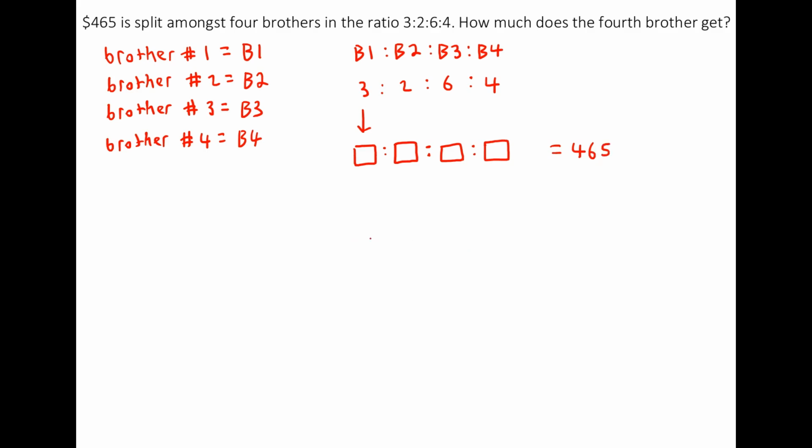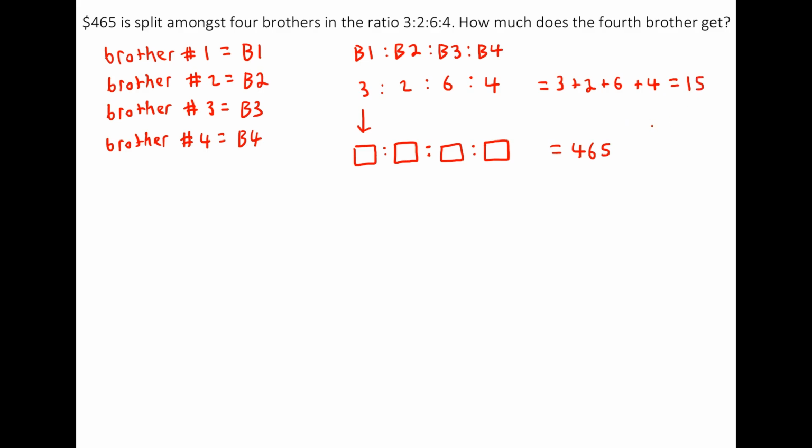So the best way to find this answer is simply to do this. In my current ratio that I have, 3 to 2, 6 to 4, I simply want to add them all together to get a total. So in this case, 3 plus 2 plus 6 plus 4 should equal 15. So I get a total of 15 so far.